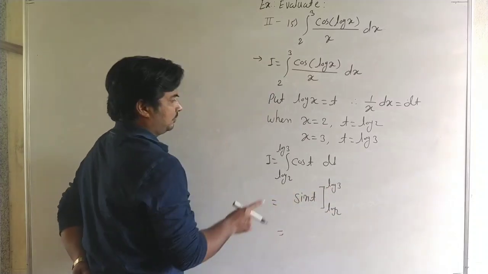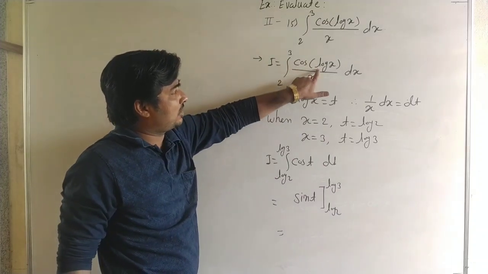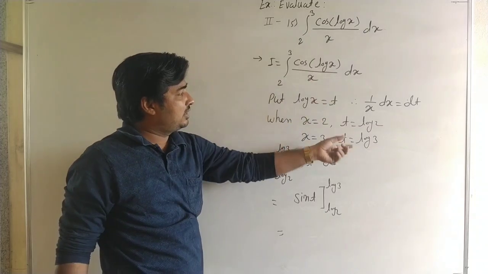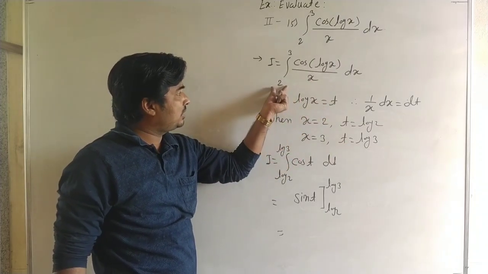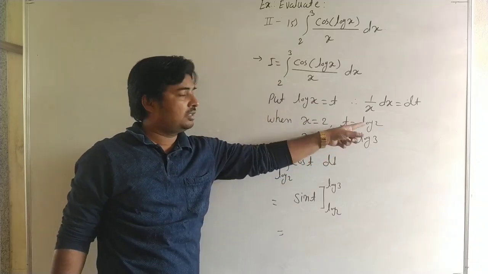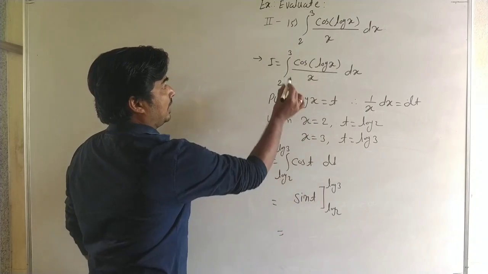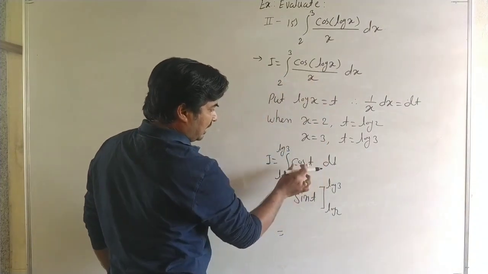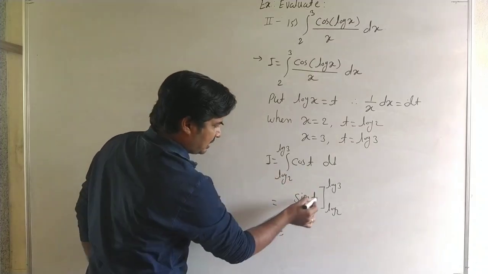See carefully this. Here cos of log x, put log x is equal to t, therefore 1 by x dx is equal to dt. And for the limit, put log x is equal to t: when x is equal to 2 it is log 2, when x is equal to 3 it is log 3. It is cos t dt, and the integral of cos t is sin t, a standard integral.